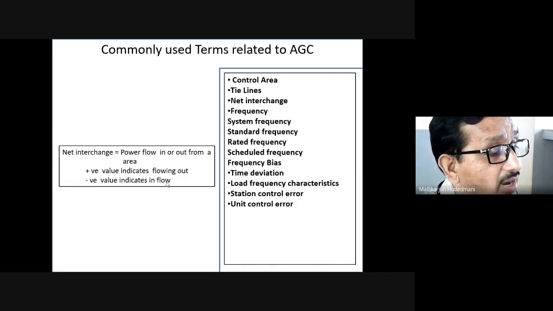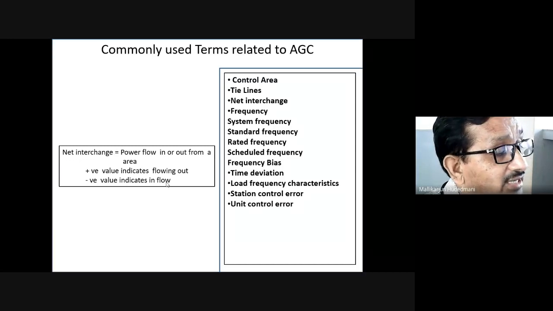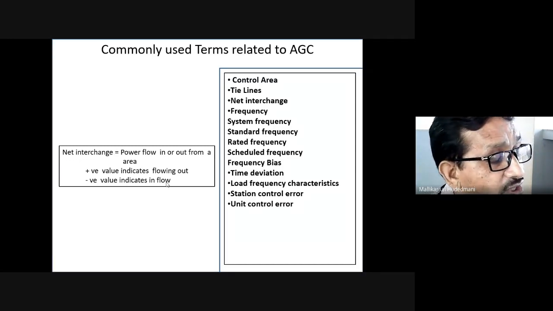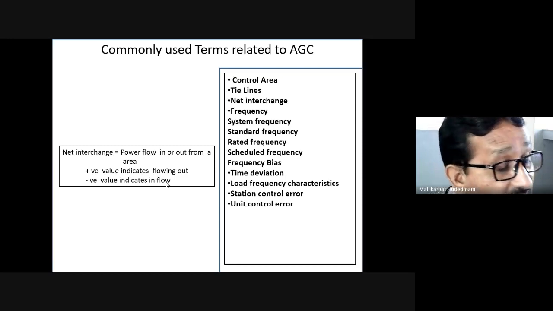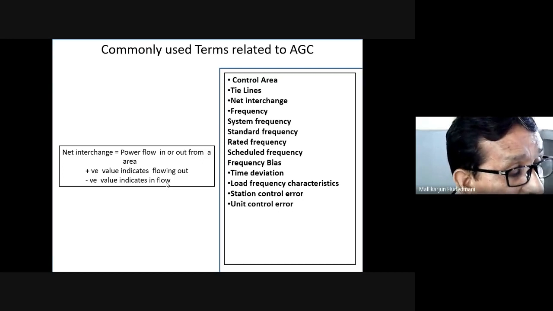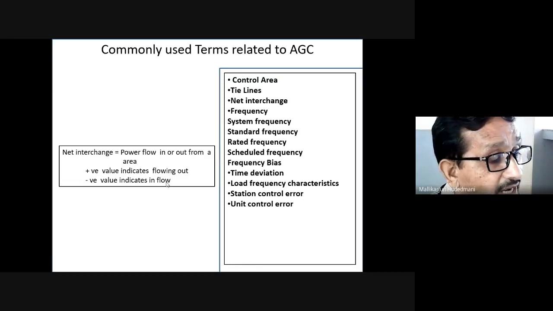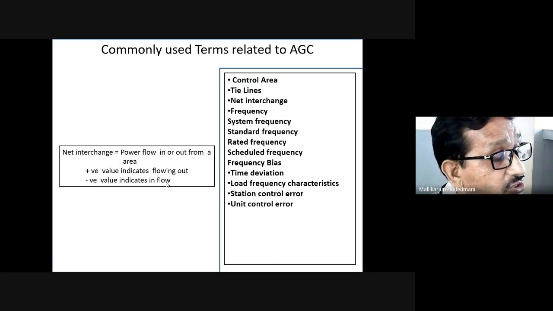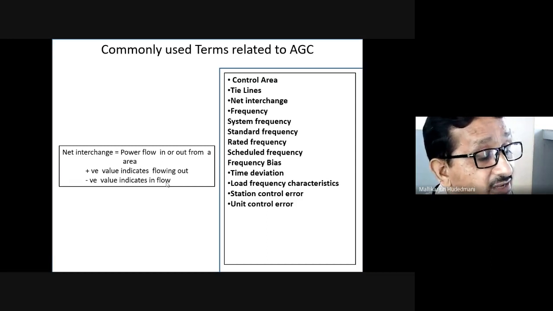If the net interchange value has a plus sign, it indicates surplus generation. Power is surely flowing out of the control area to the neighbor. If the net interchange value has a negative sign, that megawatt value indicates it is being borrowed from the neighbor corporation.